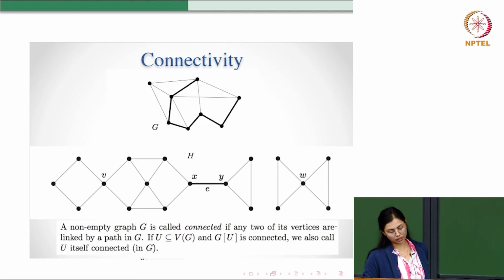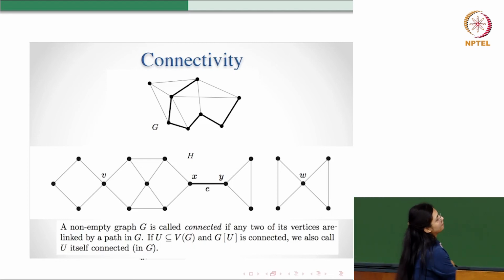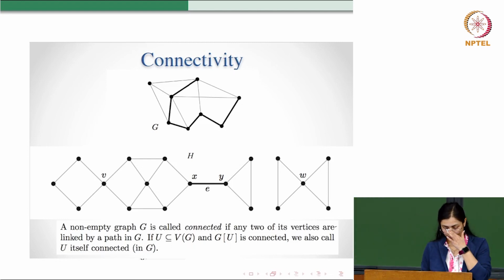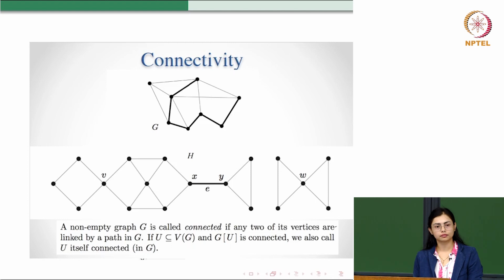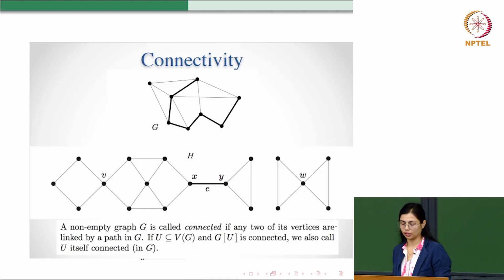Okay, then connectivity. Do you know the definition of connectivity? If there is a path from one node to another, then that's it. There should be some path from one node to another.